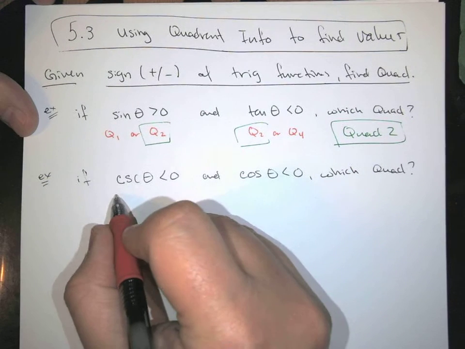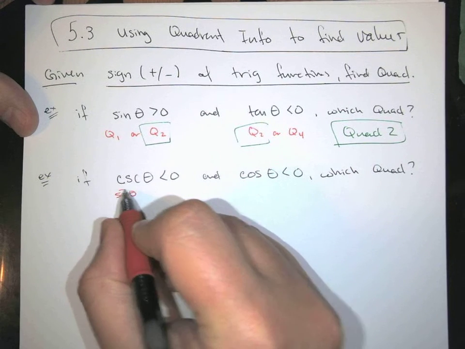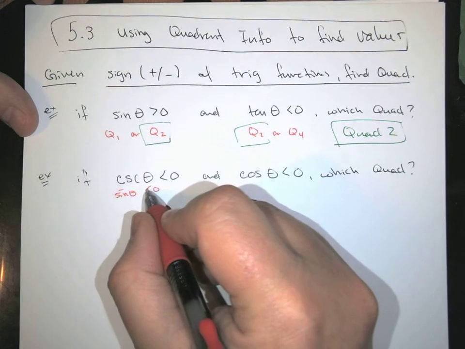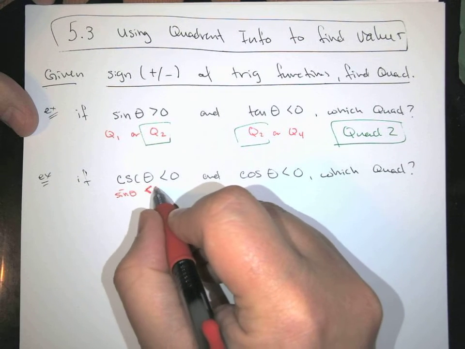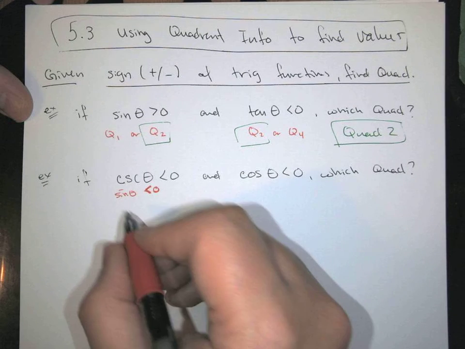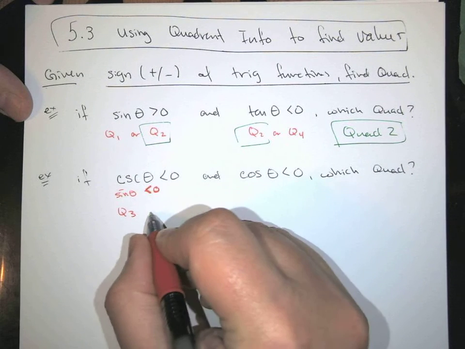Cosecant is going to sync up with our sine function. So this means the sine function is also negative, because cosecant and sine are reciprocals of each other, so when one is positive, the other will be positive, and the same thing when they're negative. So where is the sine function negative? That's going to happen where the y value is negative, which is quadrant 3 or quadrant 4.